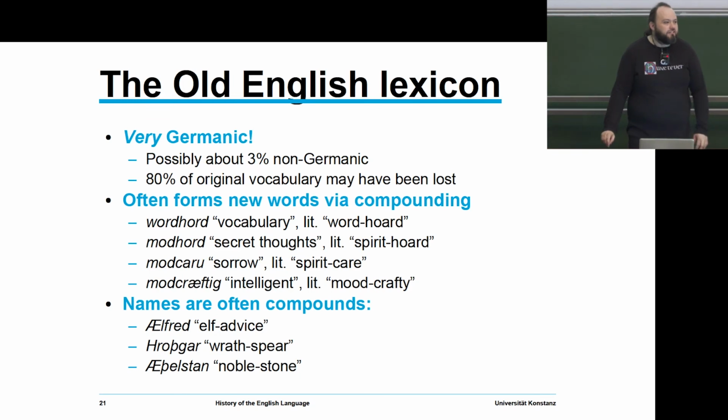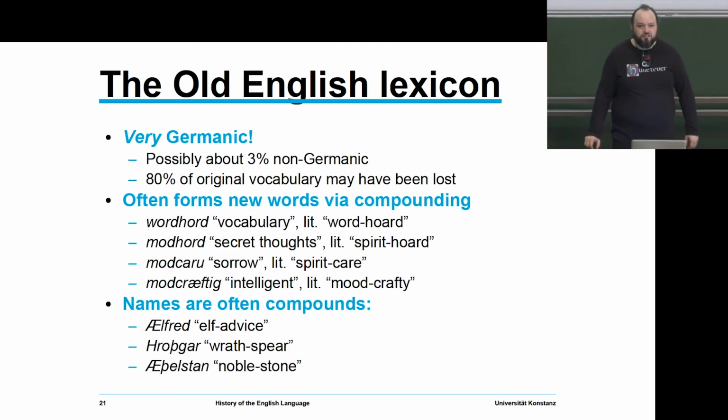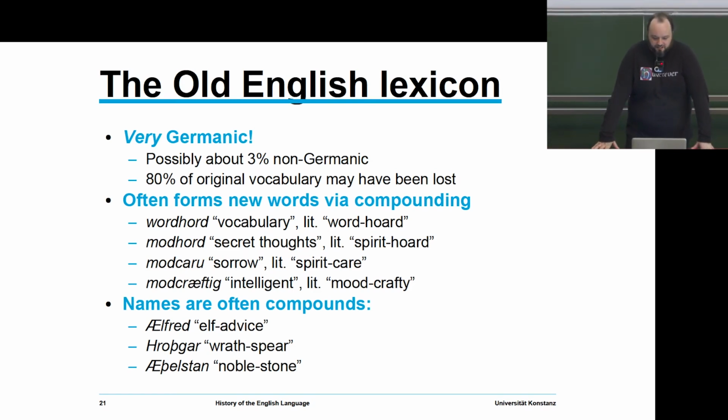So Beowulf, for instance, at one point unleashes his word hoard, right? He's not just good at fighting, he's also good at talking. And he uses this skill. And there are a few of these words in hoard. So mod hoard, literally this would be something like mood hoard, or perhaps a better translation would be spirit hoard, or even soul hoard, or mind hoard.